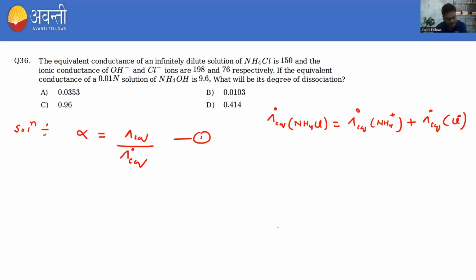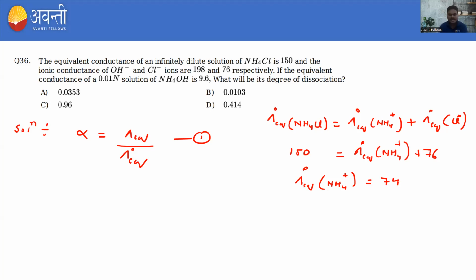We know this value is given, that is 150, and Cl negative has the value 76. So we can easily calculate the value of NH4 plus. On solving, the equivalent conductance of NH4 plus comes out to be 150 minus 76, that is 74.